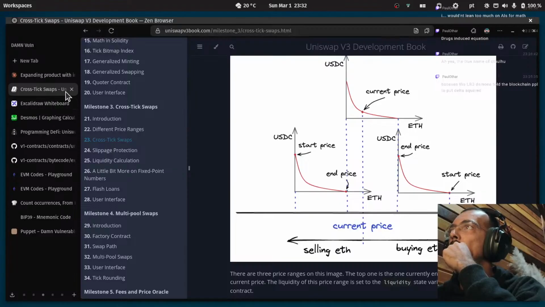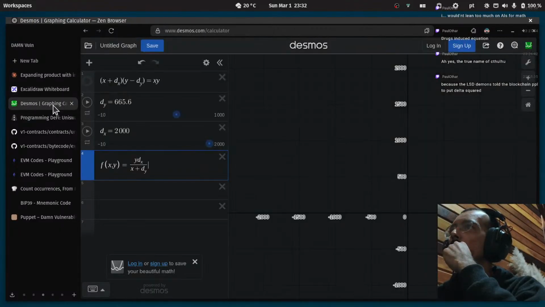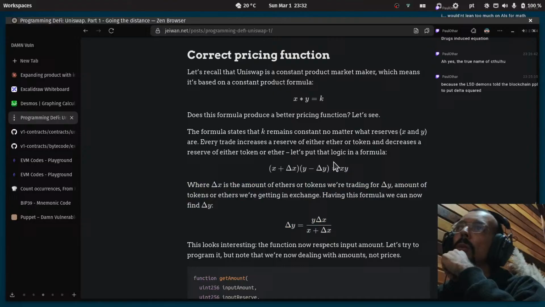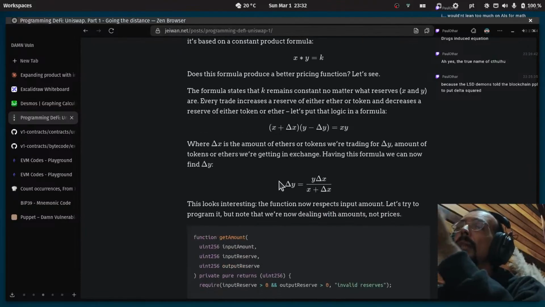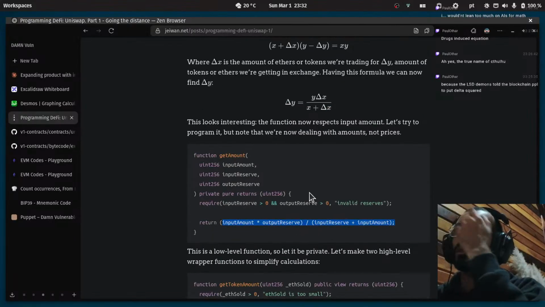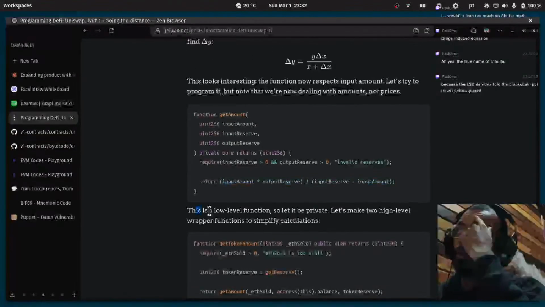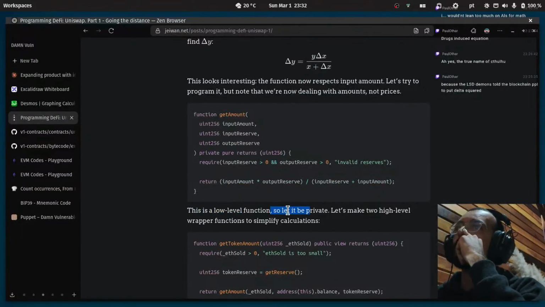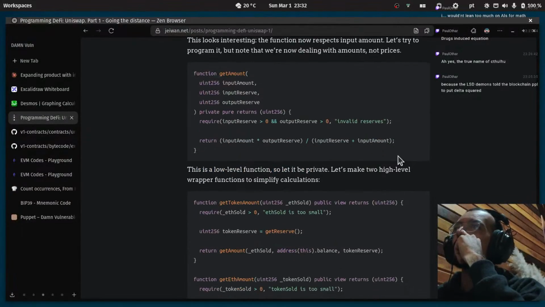Okay, so let's go back to our reading. So these become this easily, right? And because this formula exists, now we can create the correct formula. This is a low-level function, so let's make it private, and let's make 2 high-level wrappers to simplify calculations.